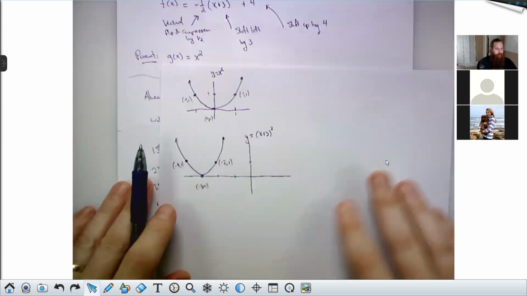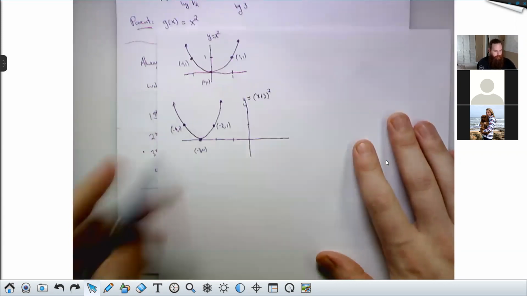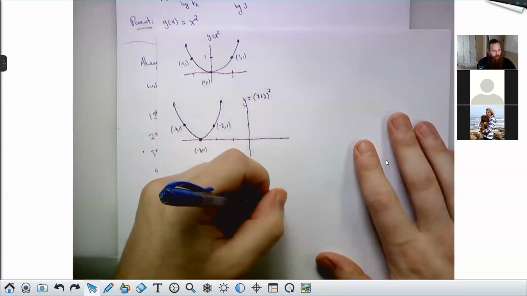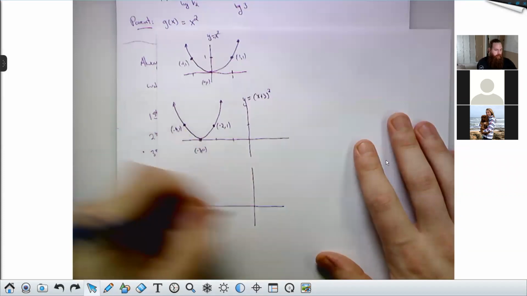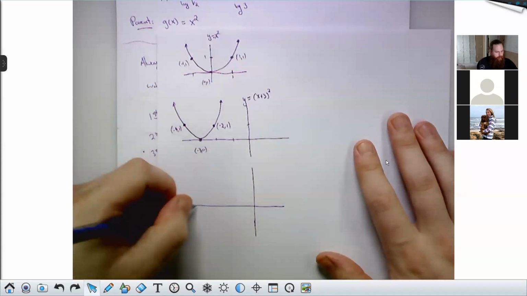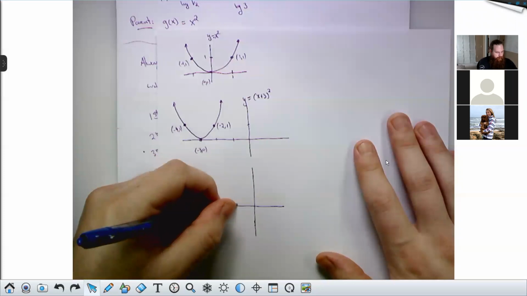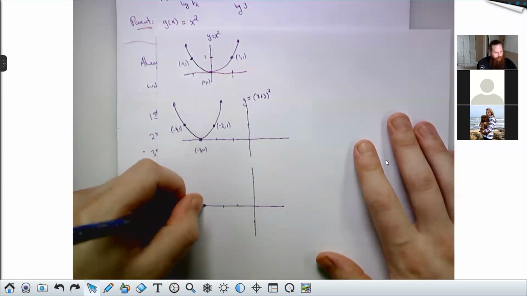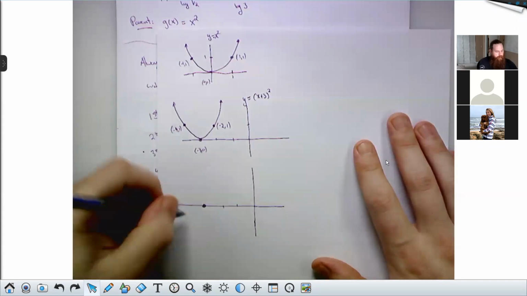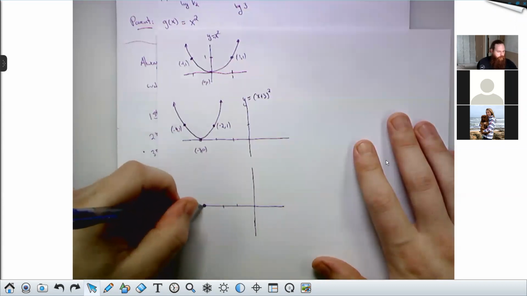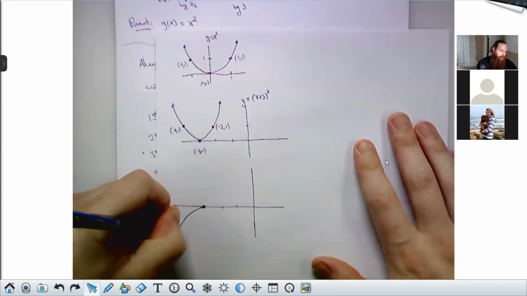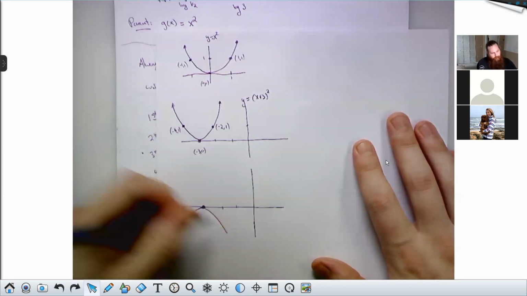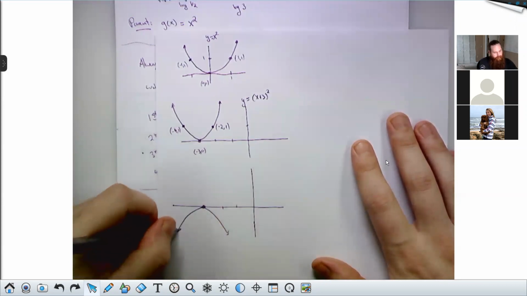So the next graph I'm going to draw: -3, 0 will stay there. He's going to be shorter and fatter and flipped over. So something like this.